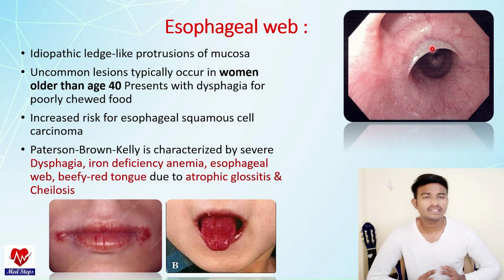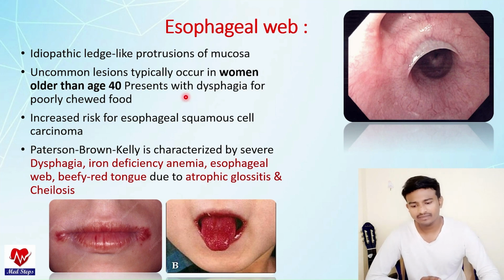Patterson-Brown-Kelly, also known as Plummer-Vinson syndrome. In this Plummer-Vinson syndrome, you will get dysphagia, iron deficiency anemia, esophageal web, beefy red tongue because of iron deficiency, and atrophic glossitis. Glossitis means inflammation of the tongue. Then cheilosis.